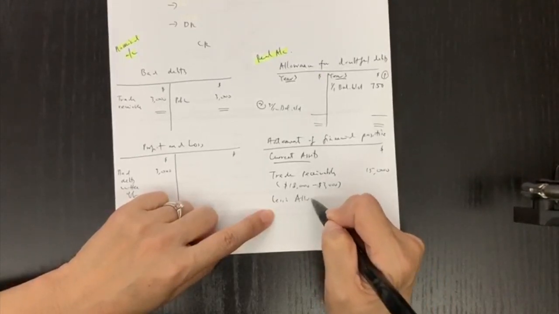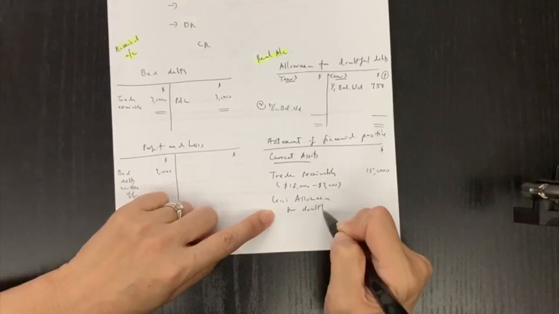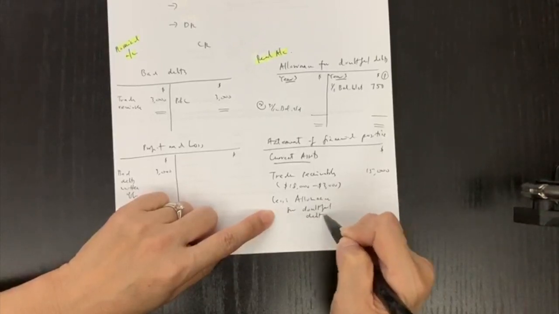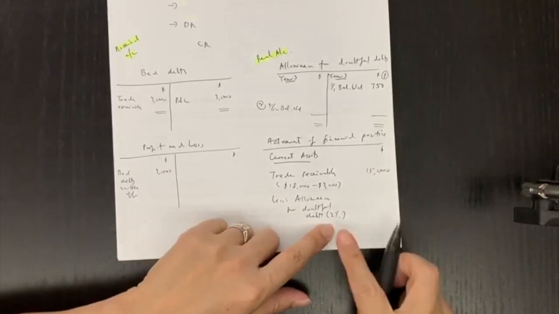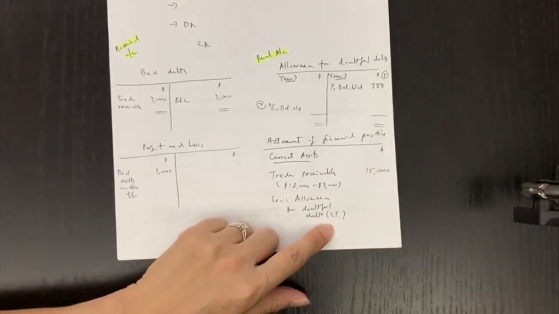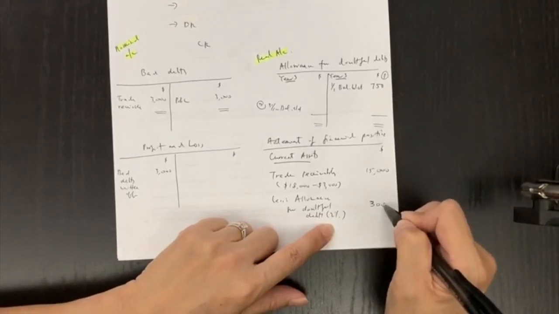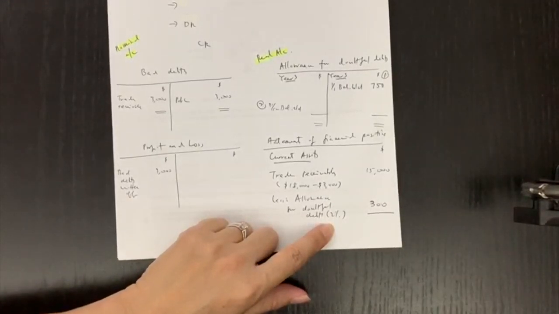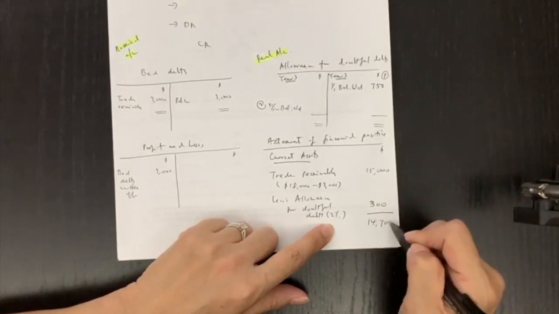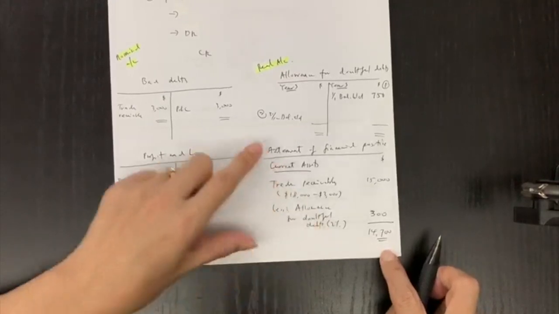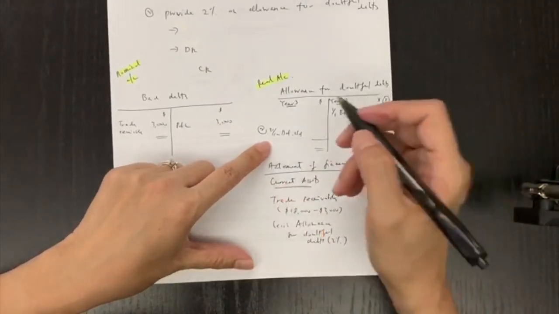So I have this allowance for doubtful debts, and then my estimation is 2%. Okay, so how much is that? So 15,000 times 0.02, so 300. Okay, so 15,000 minus 300. So this is my net trade receivable, but it doesn't matter. So this 300 will be my closing balance, so 300.